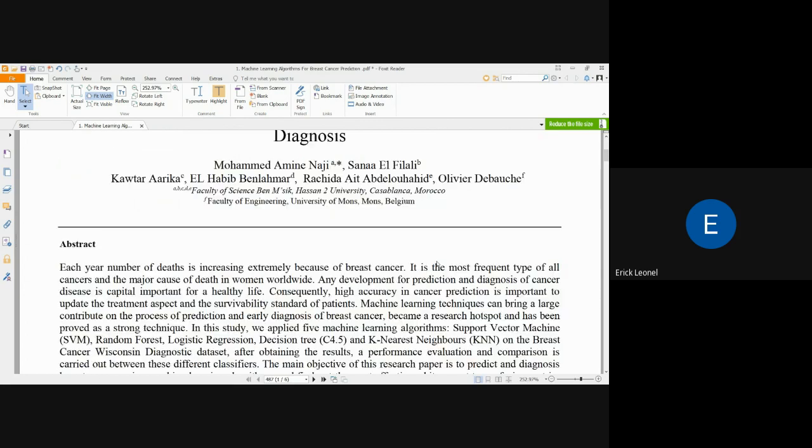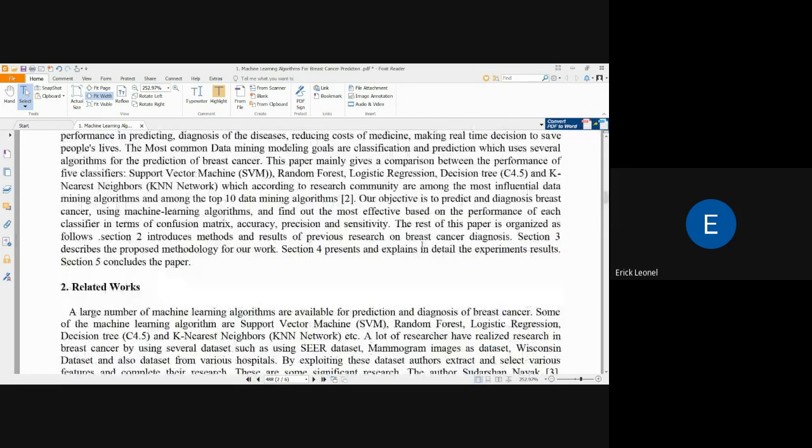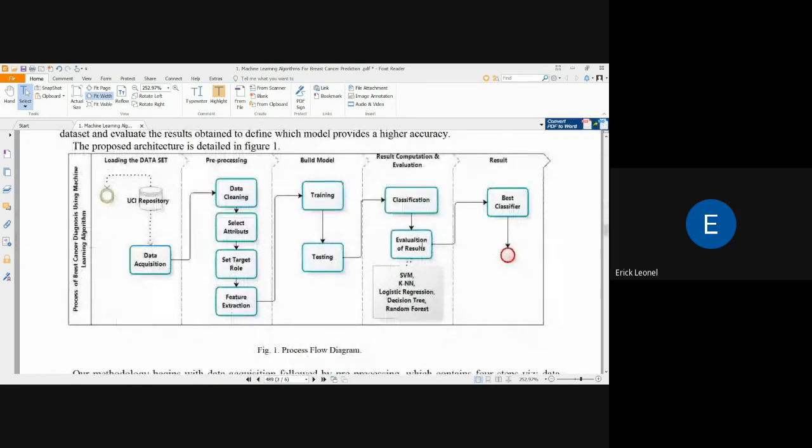Now we're going to talk about the methodology. We can see here in figure one the proposed architecture. It begins with the data acquisition followed by a preprocessing, which contains four steps, as we see here: data cleaning, select attributes, set target role and feature extraction.